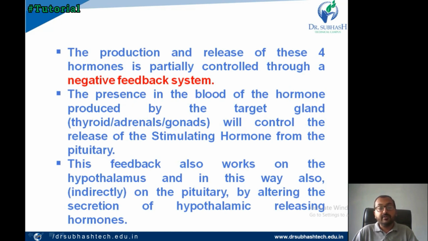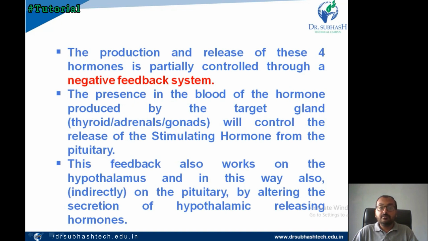Here in the negative feedback system, an increased or higher amount of a specific hormone will be felt by the blood, and the blood sends impulses to the hypothalamus to regulate or reduce the secretion of that specific hormone. And so it is termed a negative feedback system.